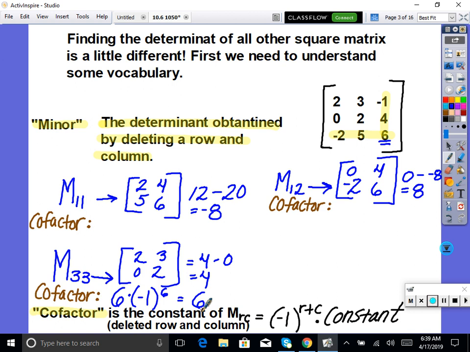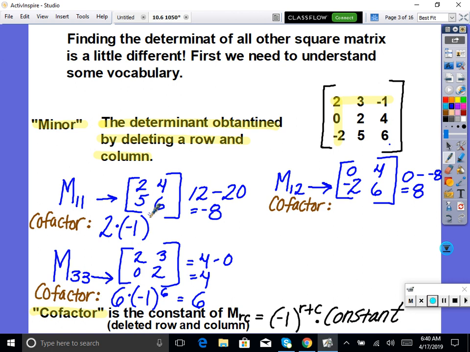Okay. So let's do the cofactor of 1, 1. Once again, if I highlight row 1, column 1, where's the intersection happening? At what constant? 2. So 2 would be our constant. Then we're going to times that by negative 1 raised to the 1 plus 1, the row plus column.